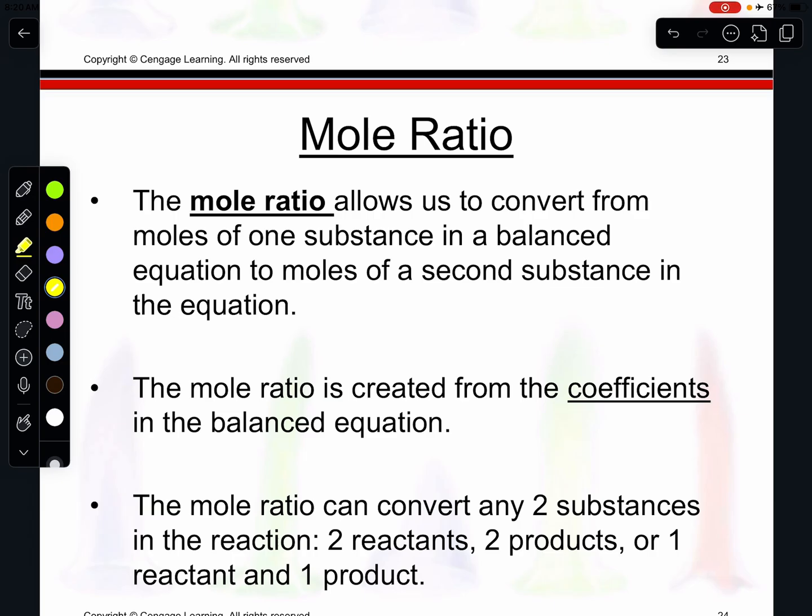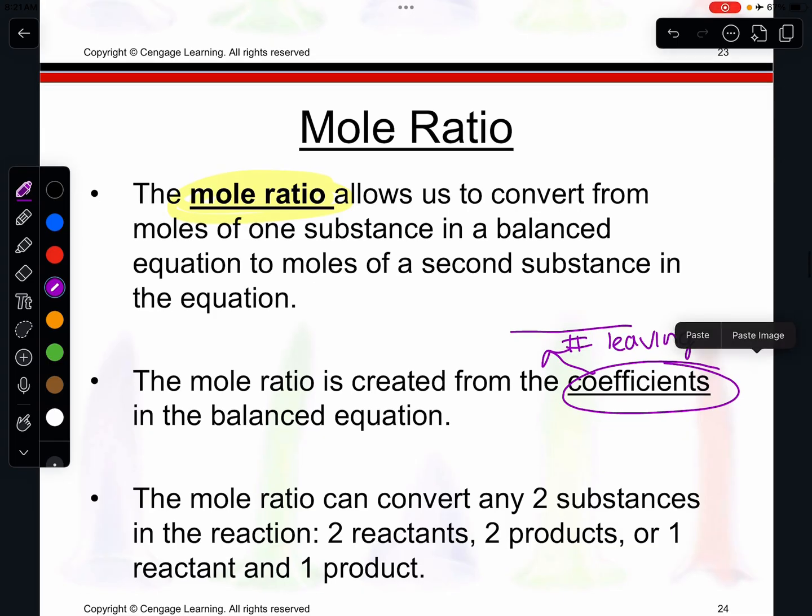Now, how you get from one thing to another in this balanced equation is called a mole ratio. A mole ratio is basically just a fraction bar, and you use the coefficients in the balanced equation. You put the coefficient of the thing you're leaving on the bottom, with the unit you're leaving, and then the coefficient value of the unit you are going to on top.